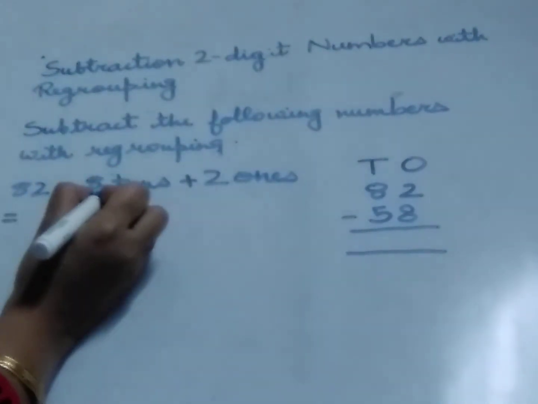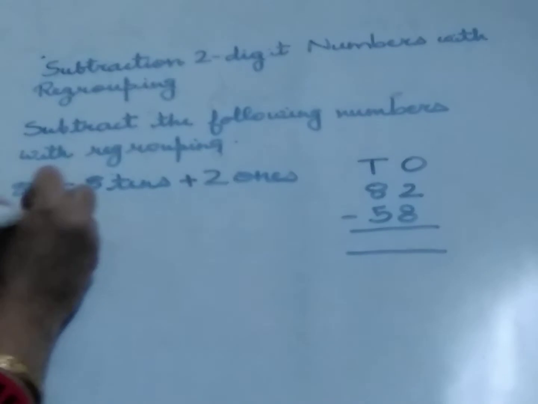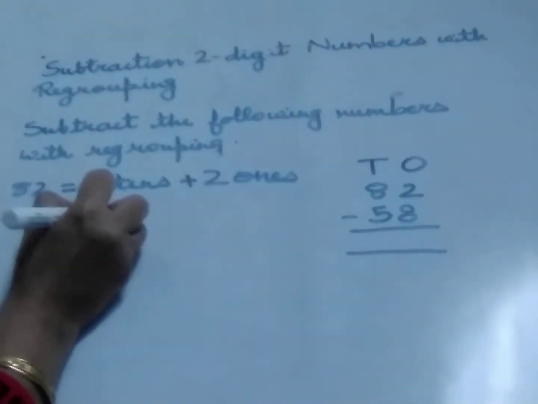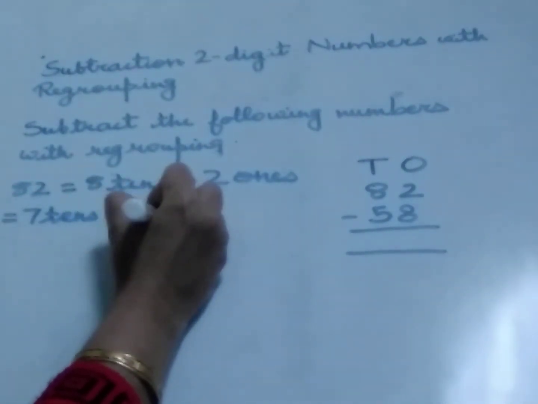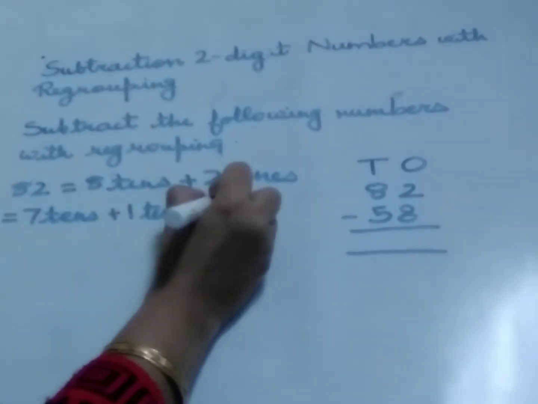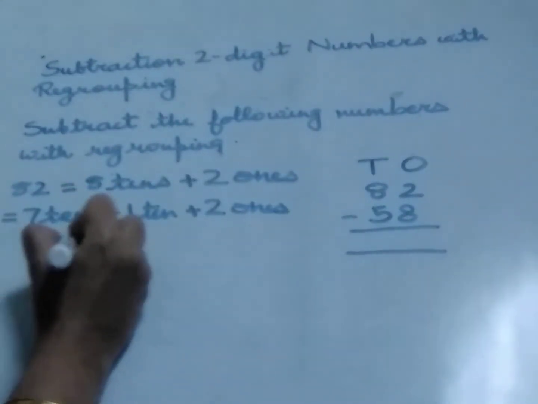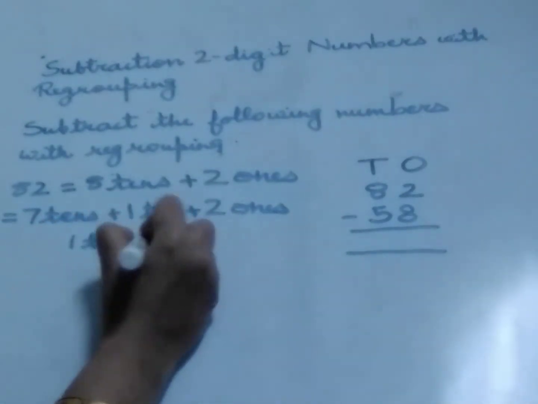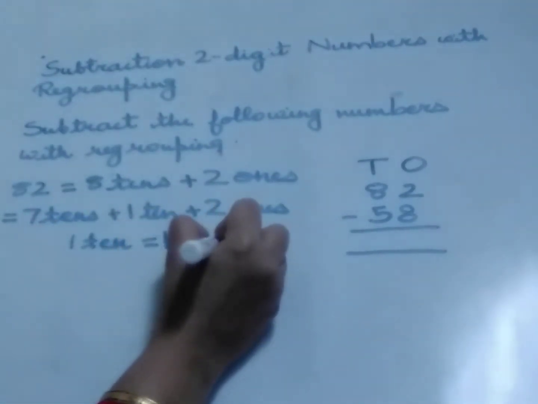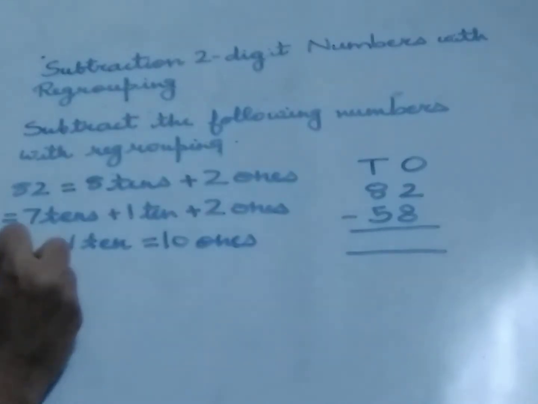Again 8 tens will be written like this, 7 tens plus 1 ten plus 2 ones. Now 1 ten can be written as 10 ones. So in place of 1 ten write 10 ones.